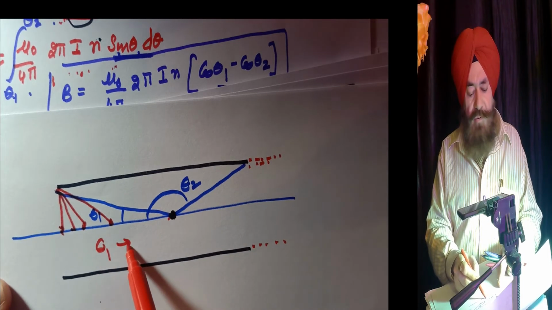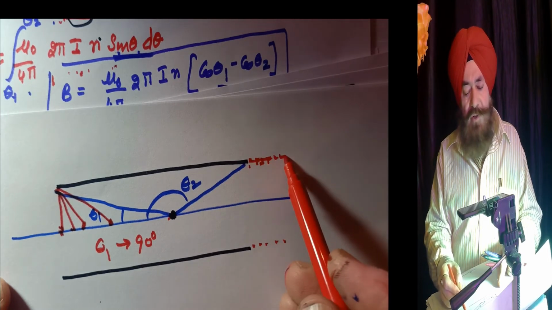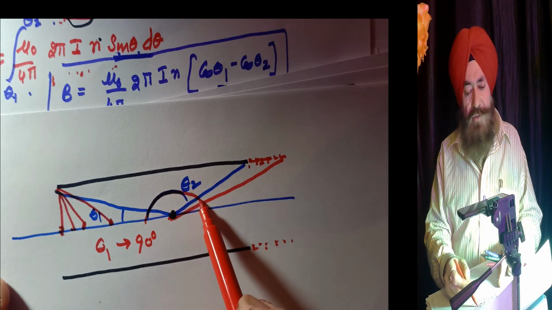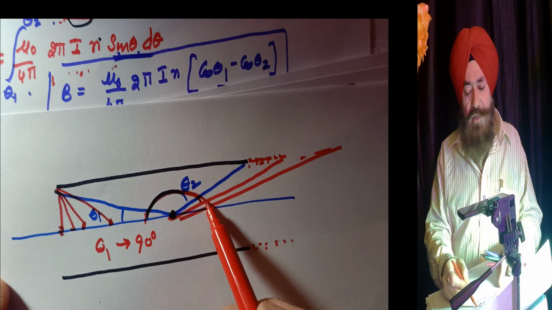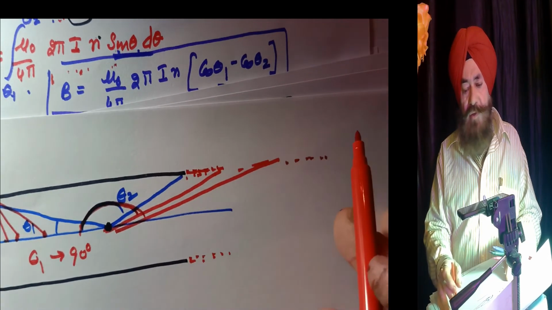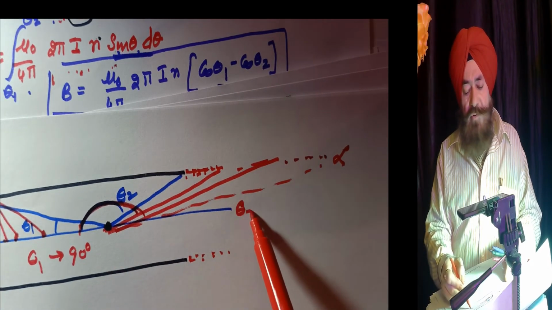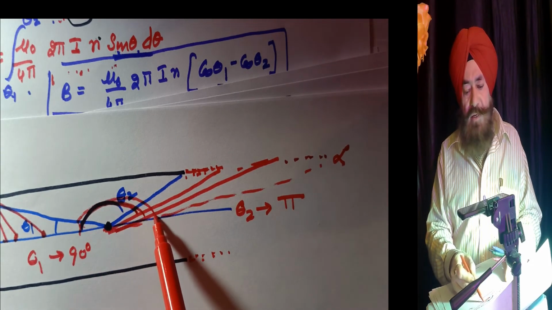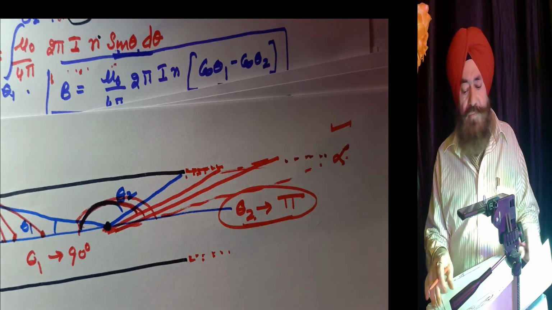So theta 1 goes to 90 at this end. Now if the length of the solenoid is increasing, theta 2 increases too. Ultimately, if the length goes to infinity, theta 2 goes to pi.